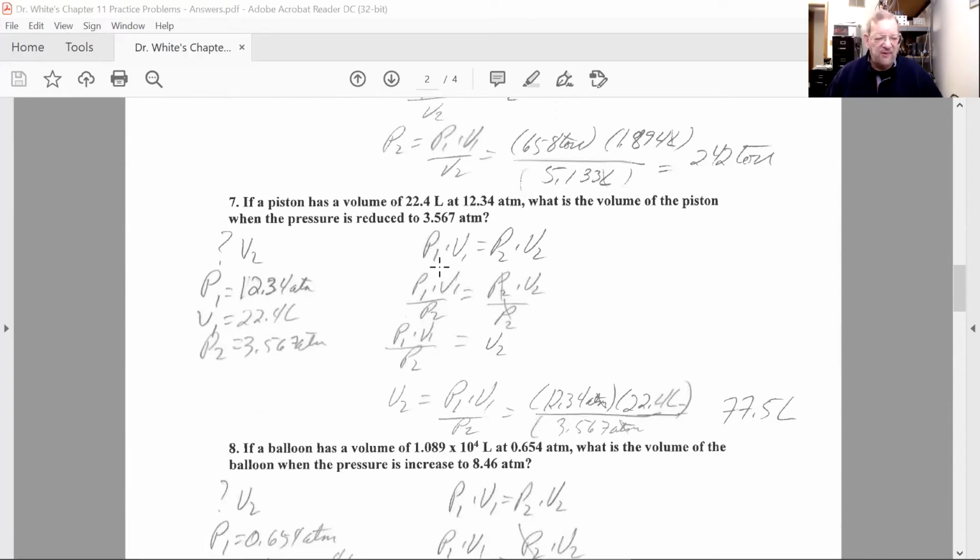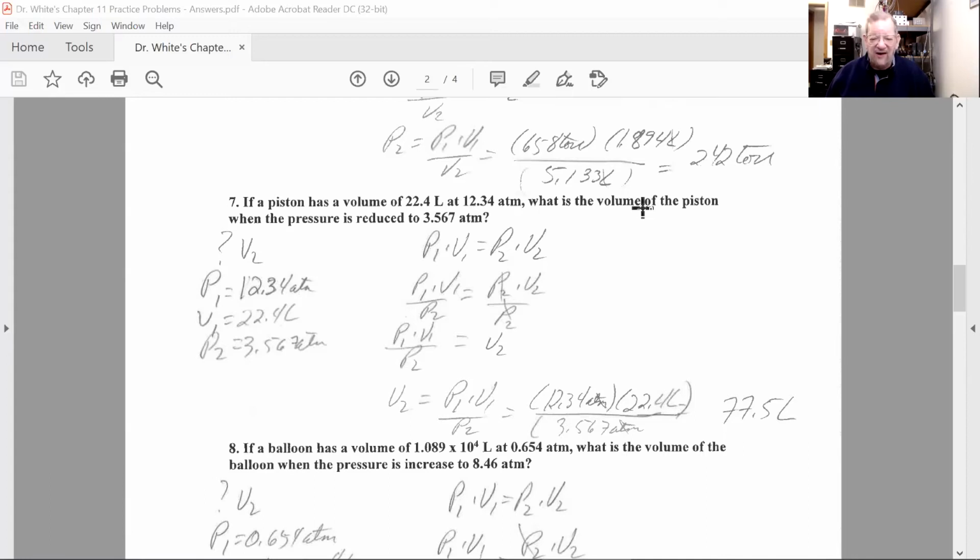And number 7: if a piston, that means you have a plunger in a cylinder, like the piston of your car, has a volume of 22.4 liters at a pressure of 12.34 atmospheres. Remember, L is volume, liters, and atm and millimeters of mercury, torr, are our pressure.